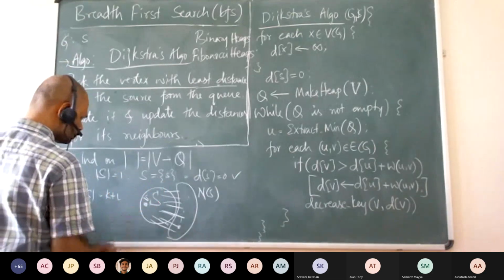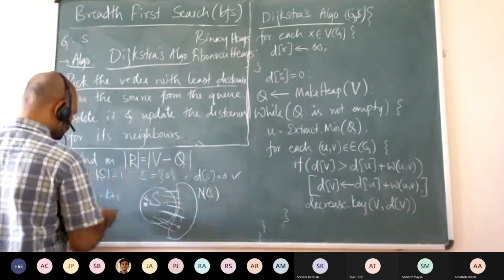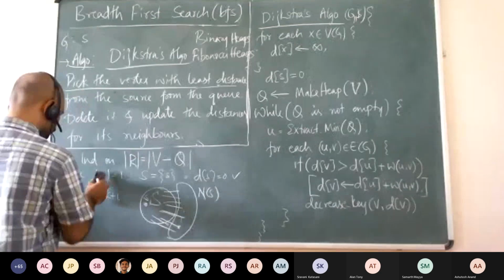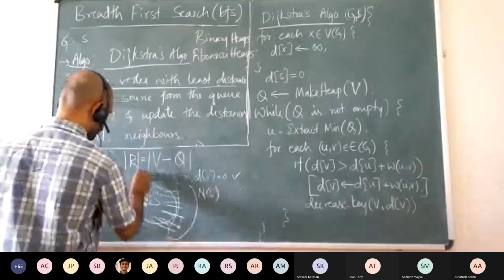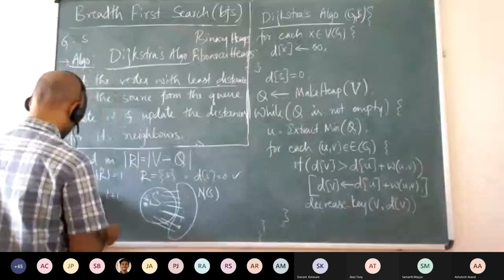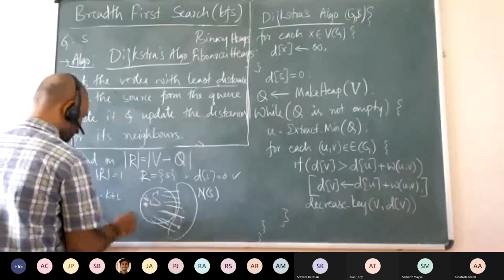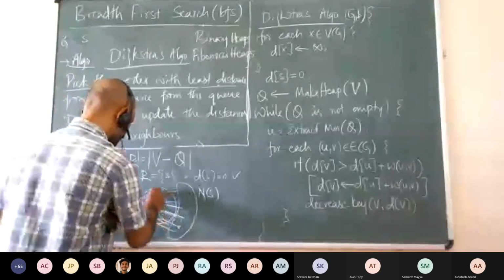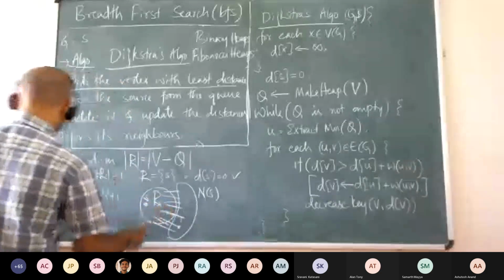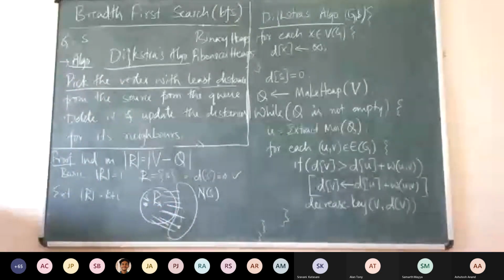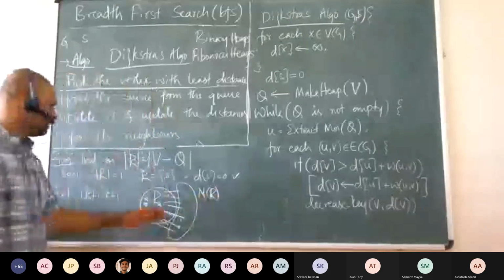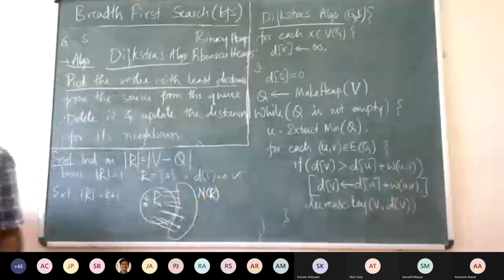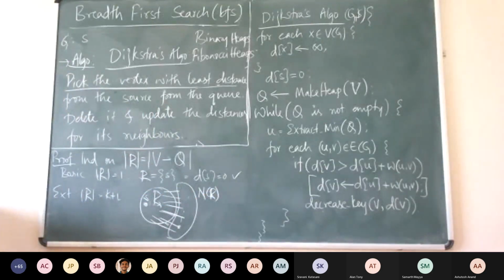Yes, Q, R, say R, right? So this is the set R, where the source is also inside R. Does everyone agree that the next vertex which is closest to the source is always in the neighborhood of R?